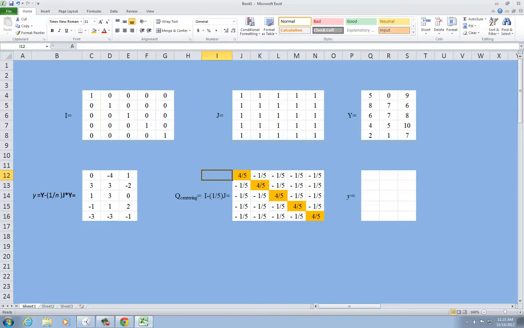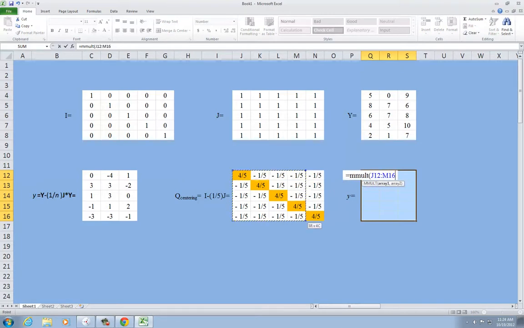Now let's use that to do what we just did to get the deviation scores Y here. So this Y is equal to this centering matrix here times our Y matrix there. So let's do that matrix multiplication.